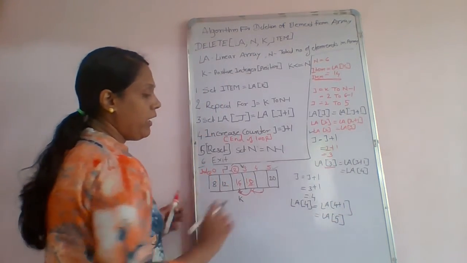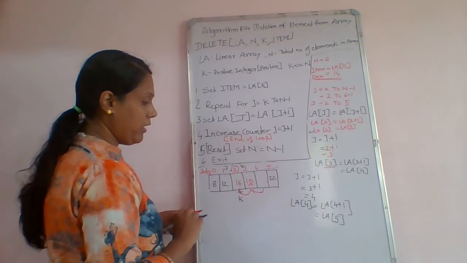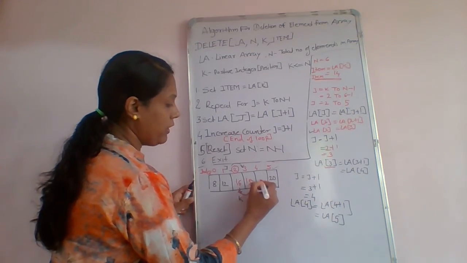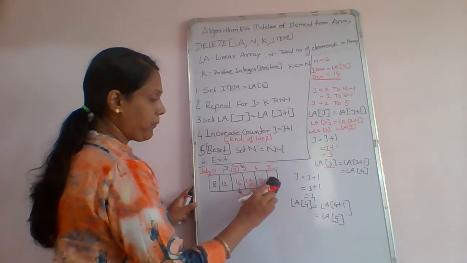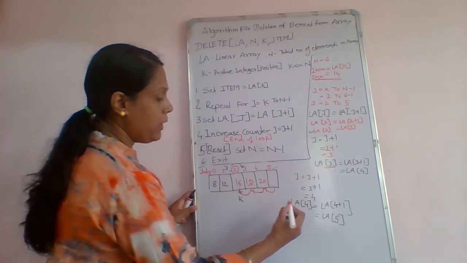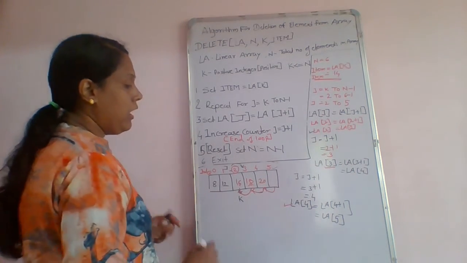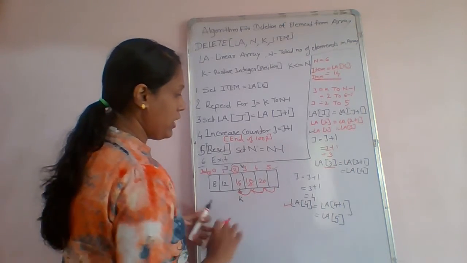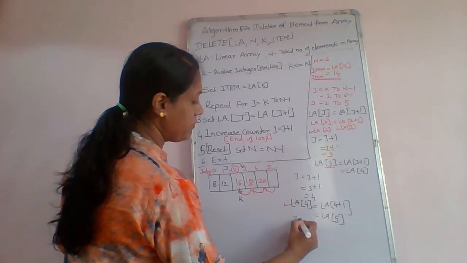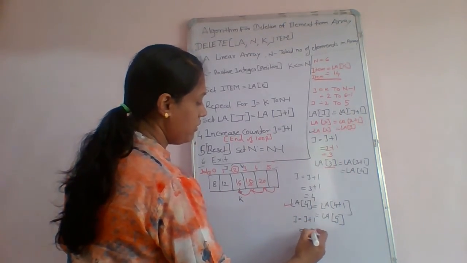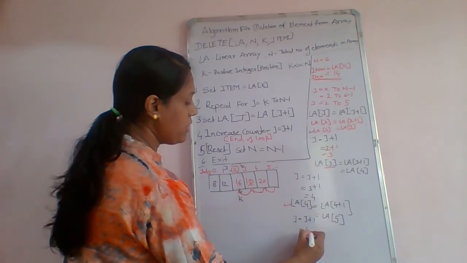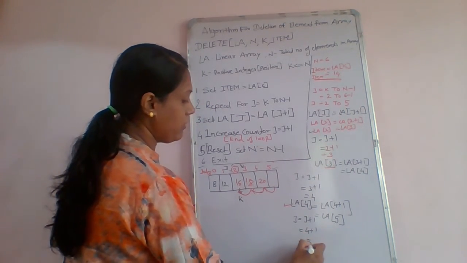What is the value at LA of 5? That is the 20. So it is shifted over here by using this statement. Again we increment j, j equals j plus 1. What is our j? 4 equals 4 plus 1, 5.